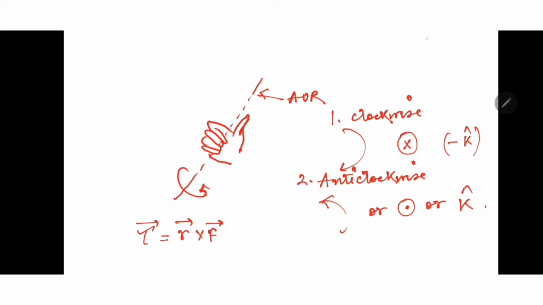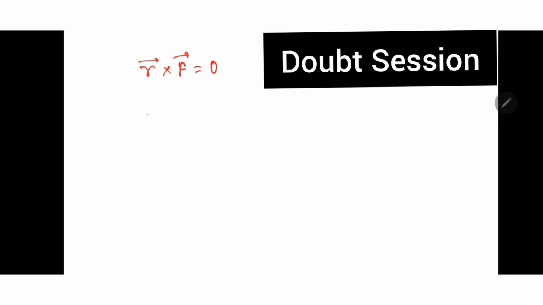So, when can the torque of a force be zero? Torque of a force can be zero in two cases. First, when the applied force passes through the point of observation, then r cross F equals 0.